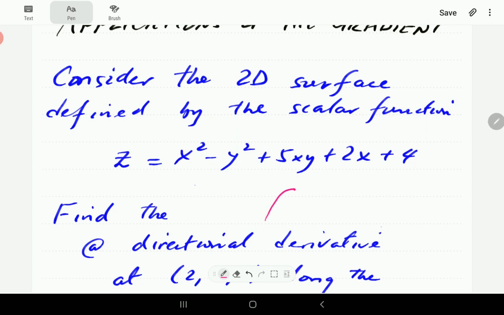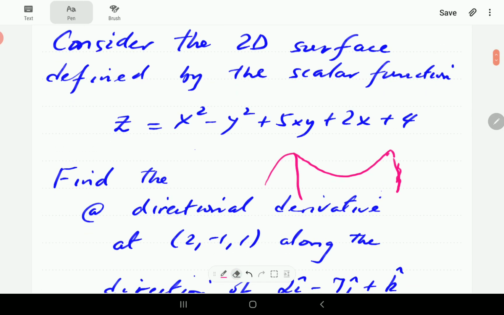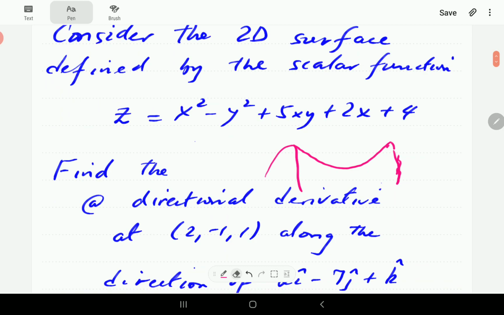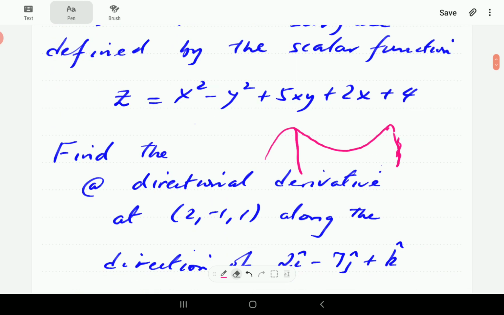A hyperbolic paraboloid is going to be shaped something like this, and also something like that shape.